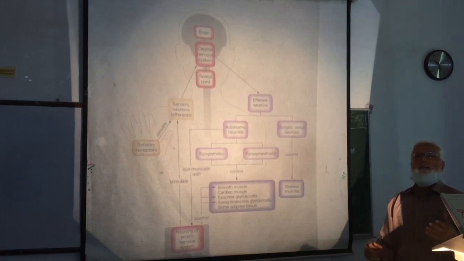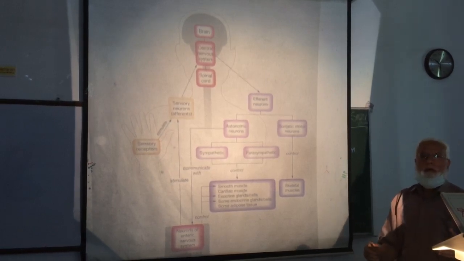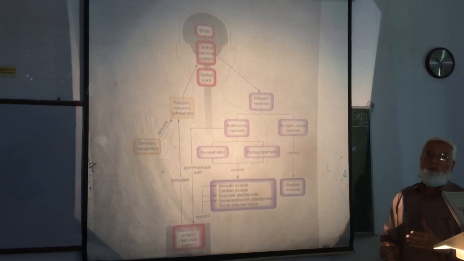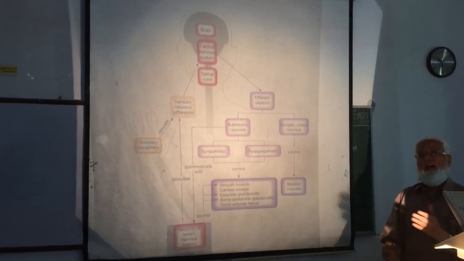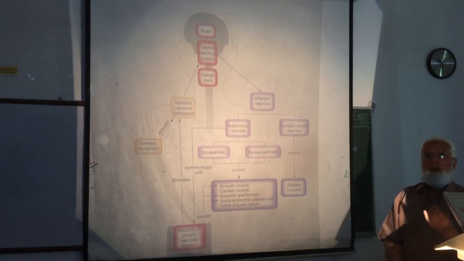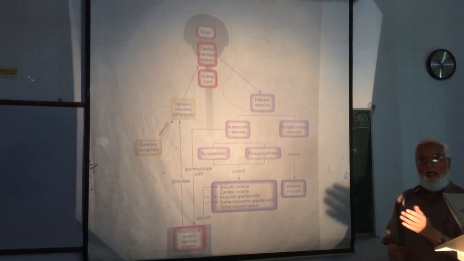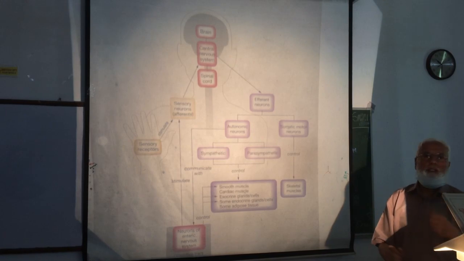You know, our nervous system contains neurons and specialized tissue, the neuroglia. Neurons and neuroglia constitute the nervous system.